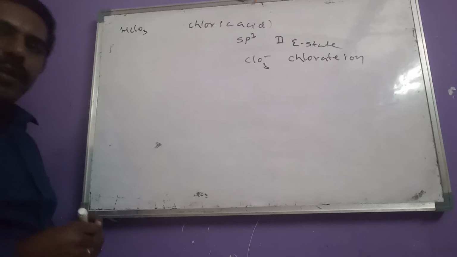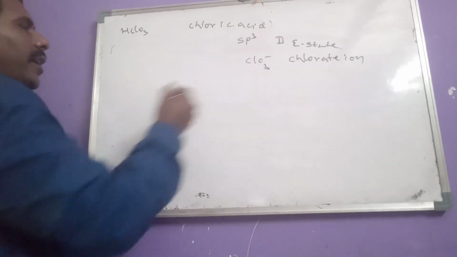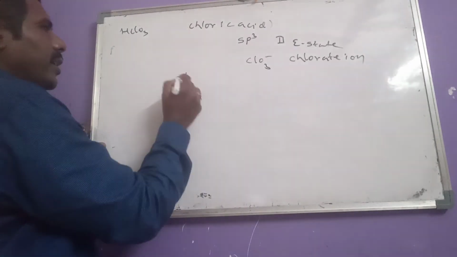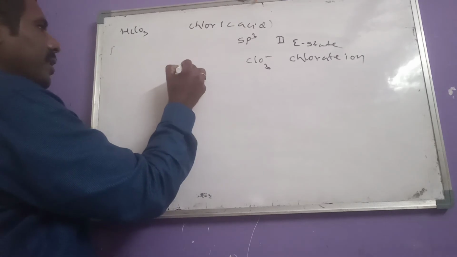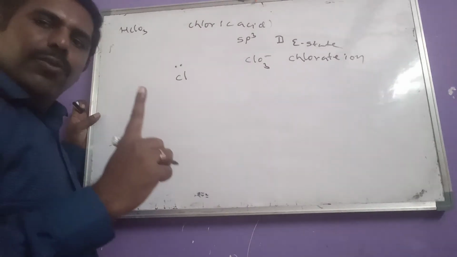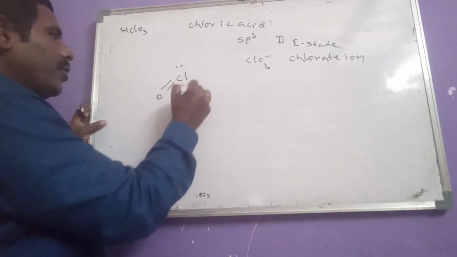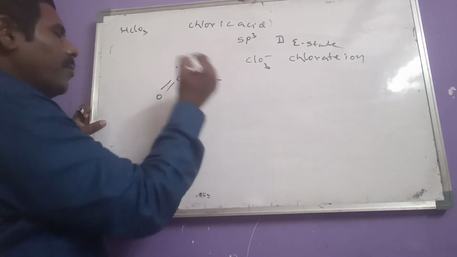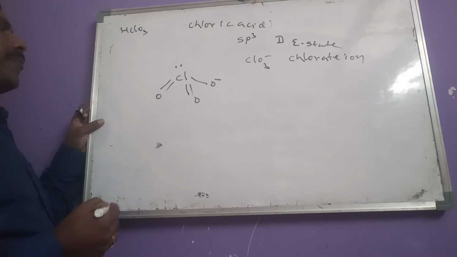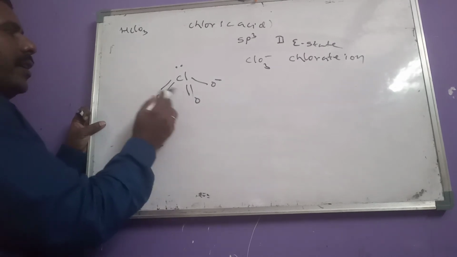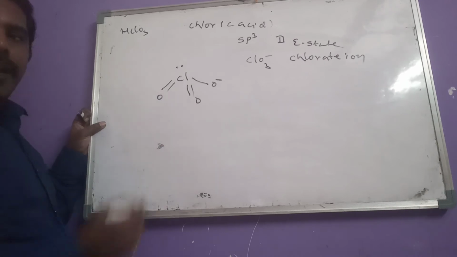We have to draw the structure here. In second excited state, chlorine has only one lone pair of electrons, and double bond, O minus we can write here. That means two pi bonds are present.